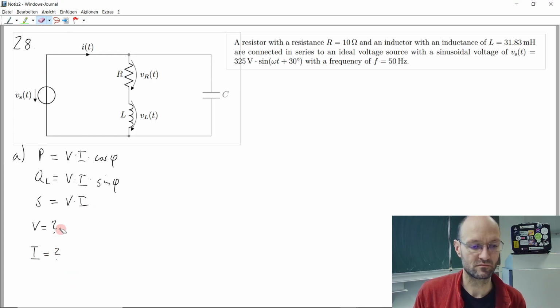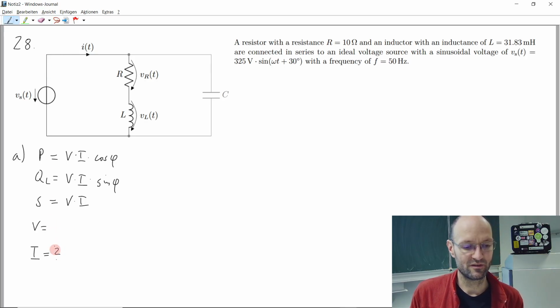Okay, so I will directly delete this question mark here once again, because the voltage, the RMS value of the voltage, how can we find this? Yeah, we know the amplitude, we know the source voltage here, so it's 325 divided by square root of 2.